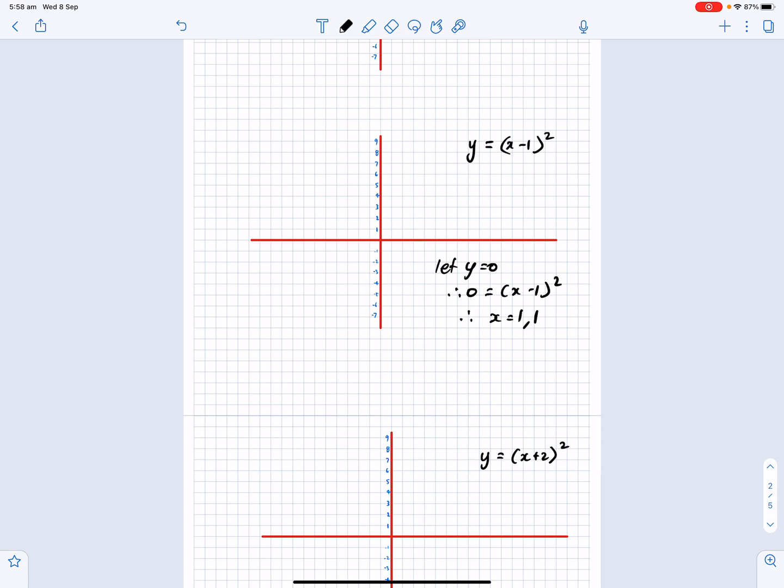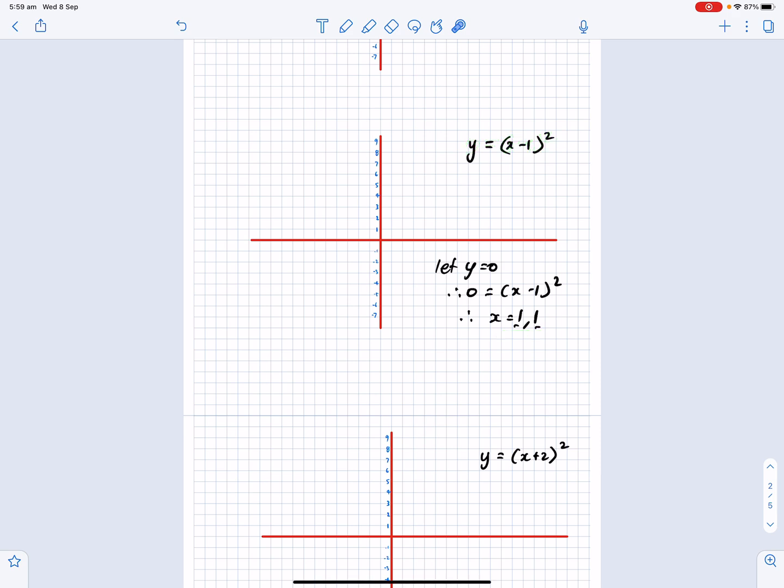By the way, if you ever try and find where a parabola cuts the x-axis and you get the same answer twice, that means it touches but doesn't cross. You'll see what I'm talking about in a few minutes. But the main thing that I want you to understand here is because this is a minus, when you let y equal to 0 and you solve 0 is equal to x minus 1 all squared, you end up with x is equal to positive 1.